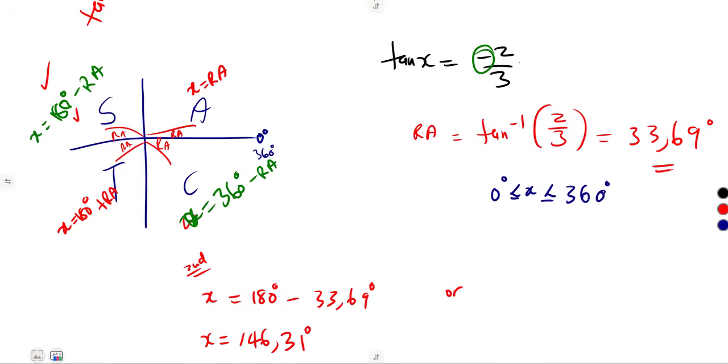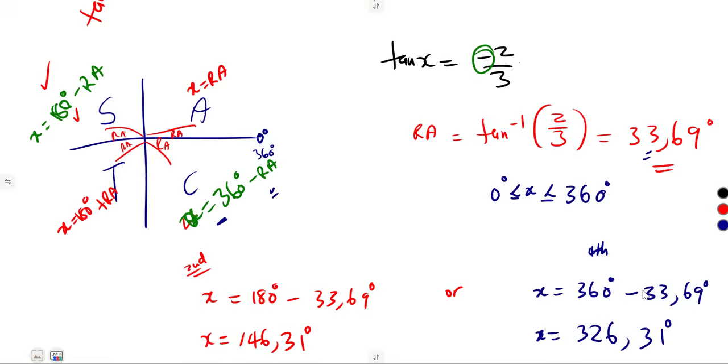Or we can have it in the fourth quadrant, where x is 360 degrees minus the reference angle, 33.69 degrees. So that was going to give us the value of x, which is 326.31. For these solutions within 0 to 360 degrees, we are guaranteed that these are the only solutions we must expect.